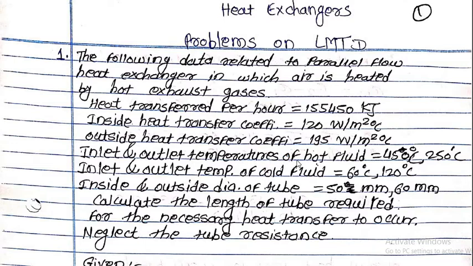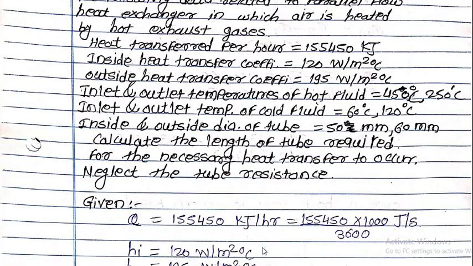Inlet and outlet temperatures of hot fluid are 450 degrees Celsius and 250 degrees Celsius. Inlet and outlet temperatures of cold fluid are 60 degrees and 120 degrees Celsius. Inside and outside diameter of tube are 50 mm and 60 mm. Calculate the length of tube required for necessary heat transfer to occur. Neglect the tube resistance. Okay, so this is the problem statement.